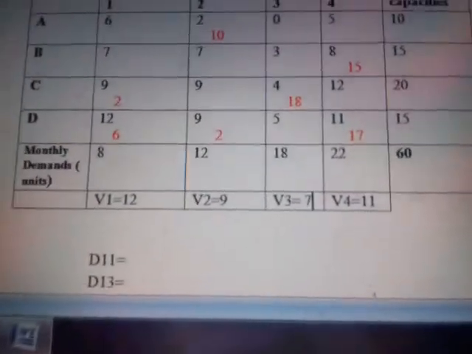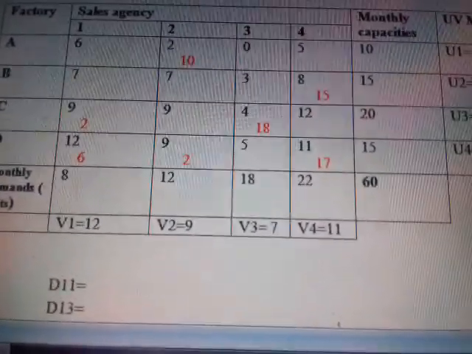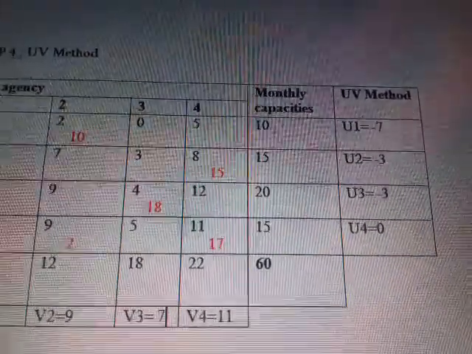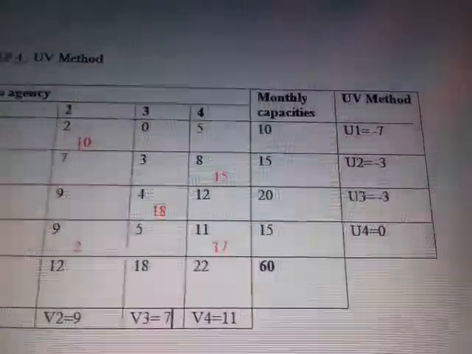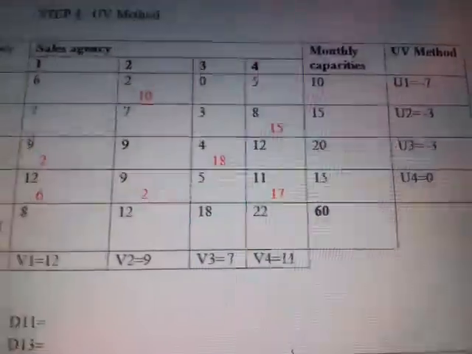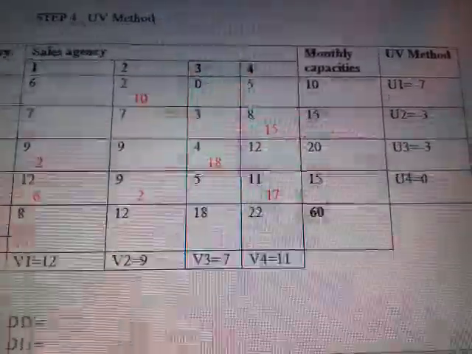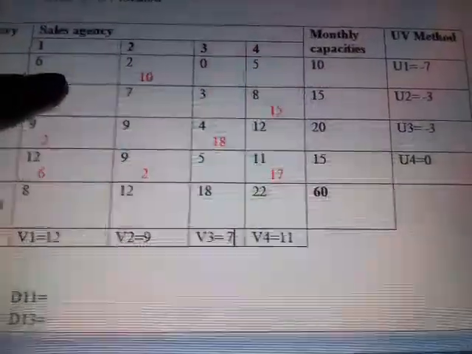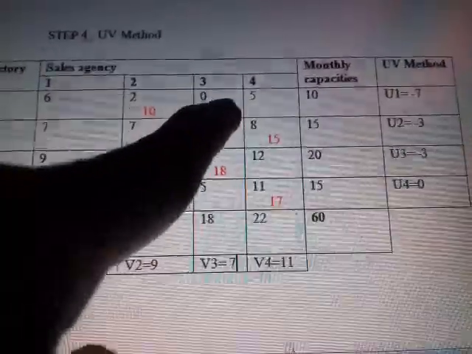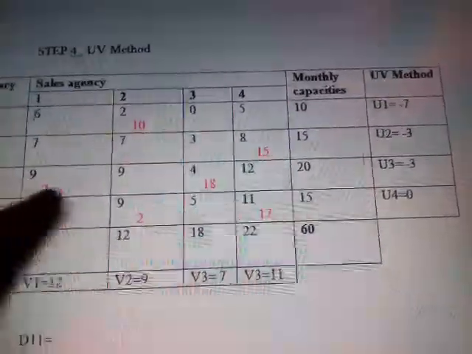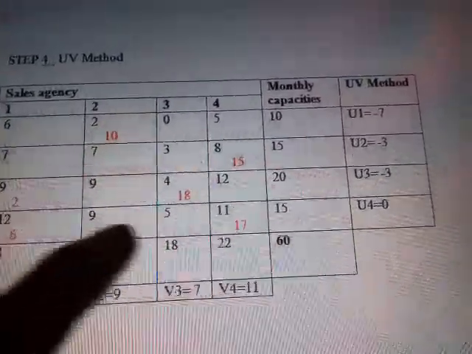V1 is 12, V2 is 9, V3 is 7 and V4 is 11, and U1 is minus 7, U2 is minus 3, U3 is minus 3 and U4 is 0. All the values we found with the help of allocated cells. Now we have to find the Dij value for unallocated cells, that is unoccupied cells, for 6, 0, 5, 7, 3, and this 9 and 5.